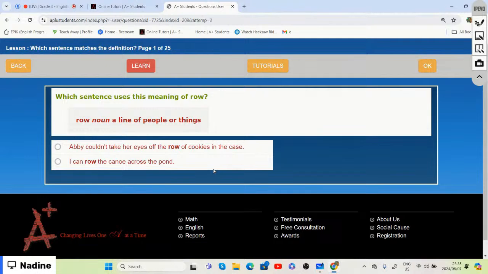So we need to look at the word row, and the two sentences are: Abby couldn't take her eyes off the row of cookies in the case, or I can row the canoe across the pond.